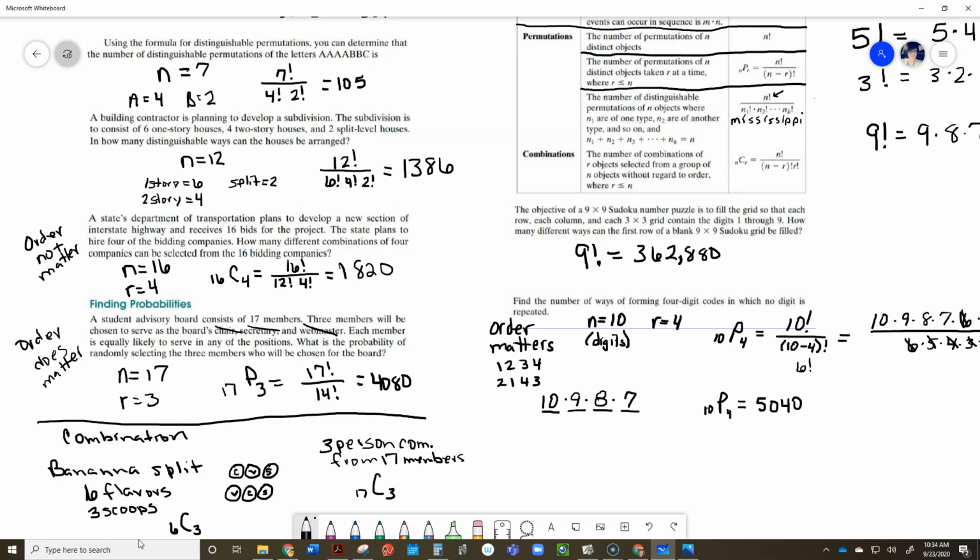Let's say I'm going to go on vacation and I own 10 books. I have 10 books at home, but I can only fit 3 of them in my bag. And I just choose 3 books and I throw them in my bag. That is an example of a combination. Why? Because I didn't say I'm going to read this one first, this one second, this one third. I'm not placing them on a shelf. I'm just throwing them in a bag.